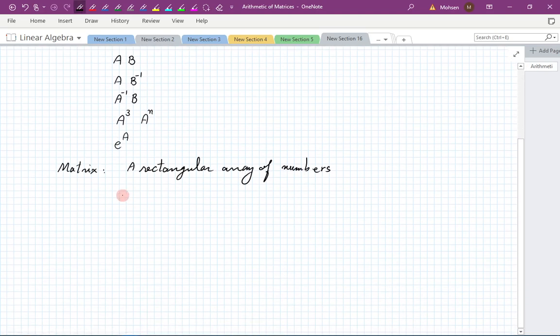So if I have a rectangular array such as 2, 3, 4, 7, 9, minus 1 and so on, we are going to refer to this thing as a 2 by 3 matrix. The number of rows is mentioned first, and then the number of columns is mentioned second.